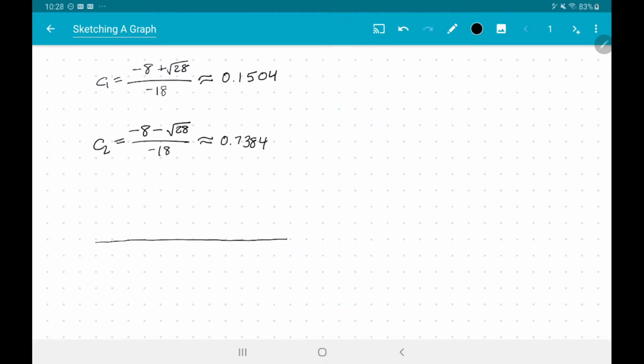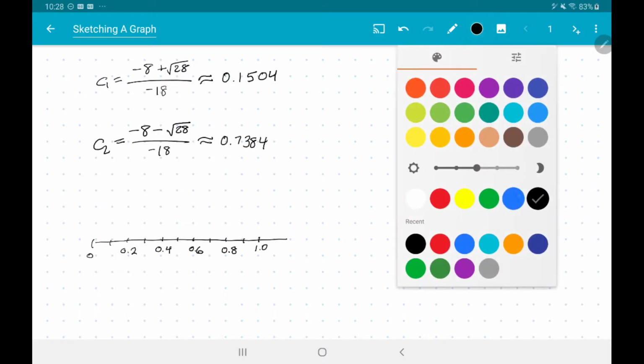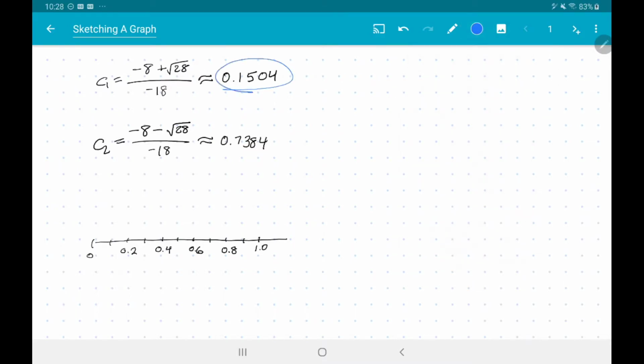Let me make out a number line here, go 0, and I'll make each dot of my grid be a tenth. C1 is 0.15, that's about here.